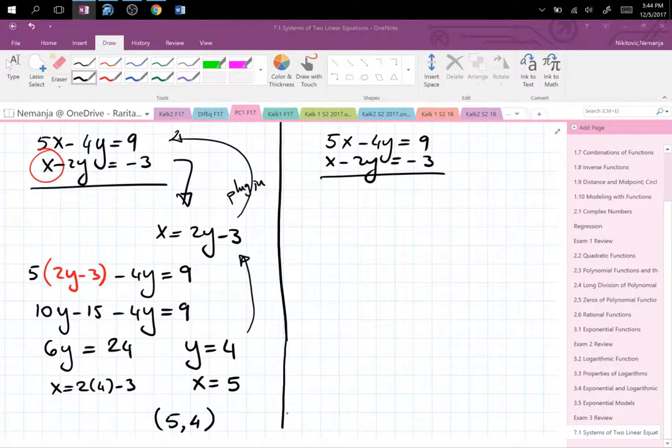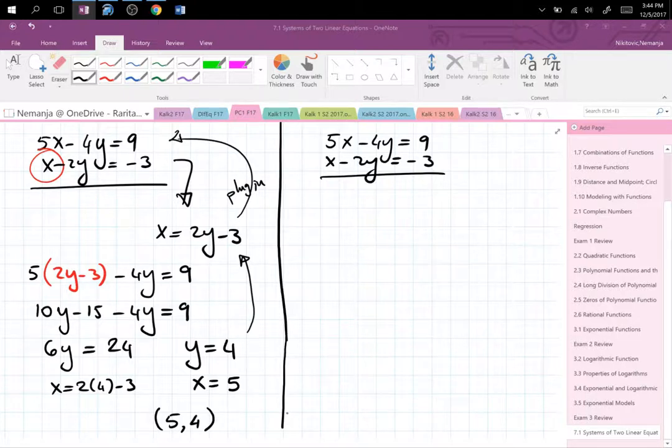If you force the substitution method, you are going to work with fractions. Now I know how much you love fractions. So, we have a method that works 100% of the time and no fractions. And that will be the elimination method.